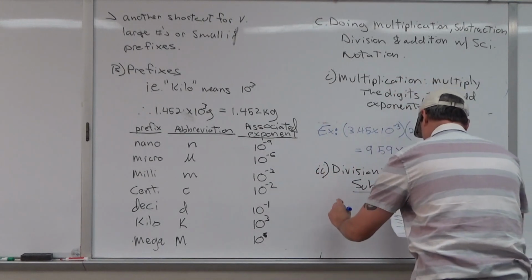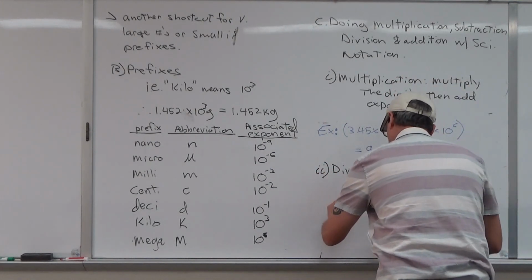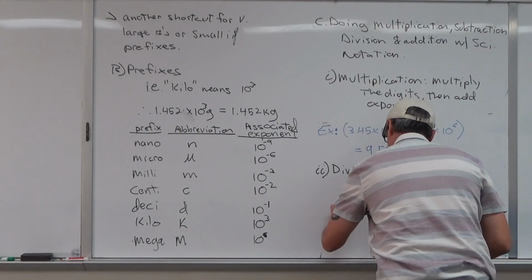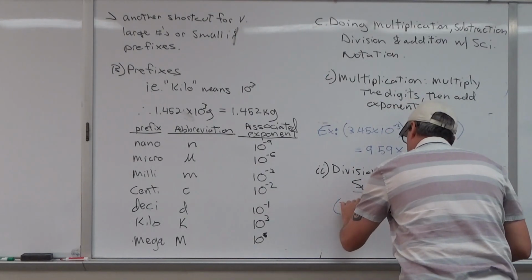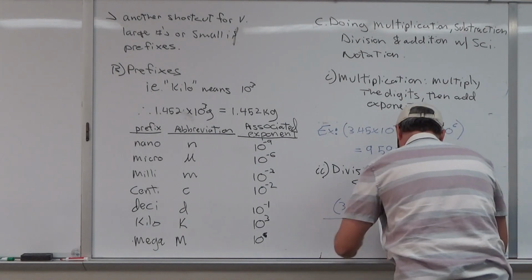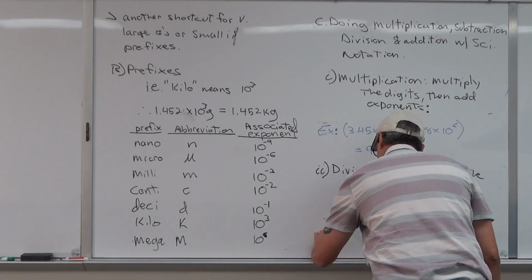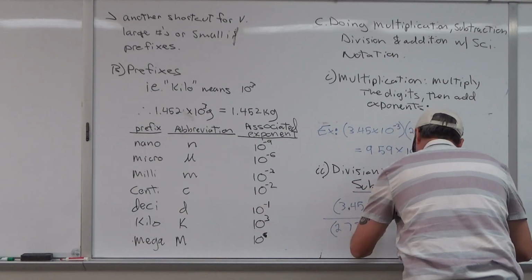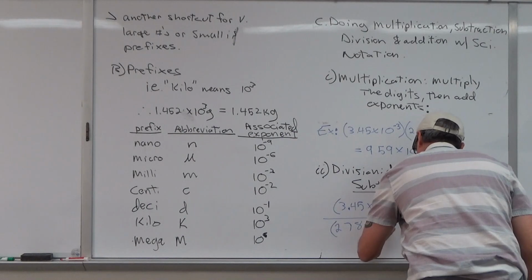Yeah, they're the same numbers. 3.45 times 10 to the negative 3. Okay. Divided by 2.78 times 10 to the 6. Okay.